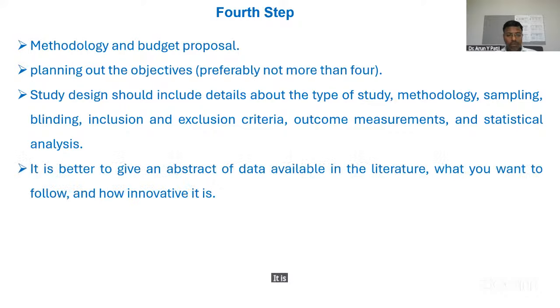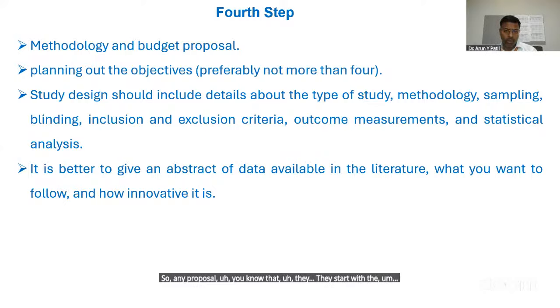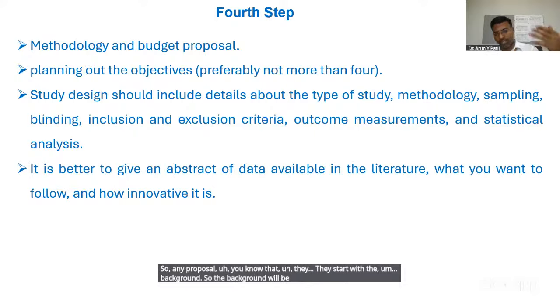It is better to give an abstract of data available in the literature, what you want to follow, and how innovative it is. So any proposal, you know that they start with the background. So the background will be the first thing which they expect. After that, they will ask you to write down the summary.